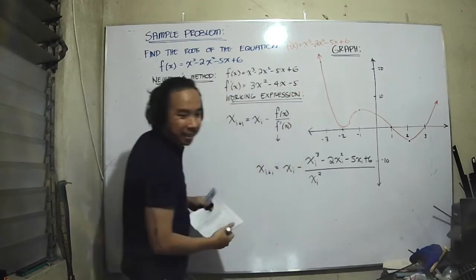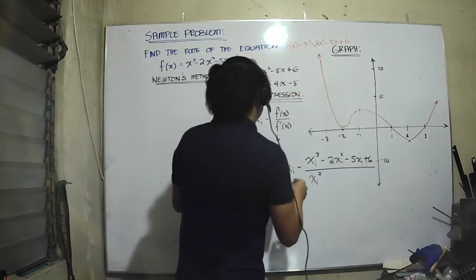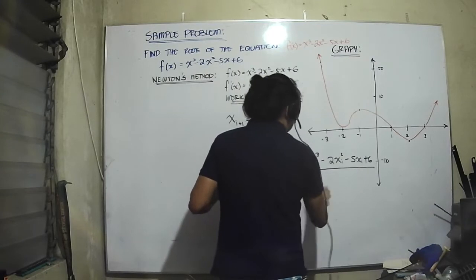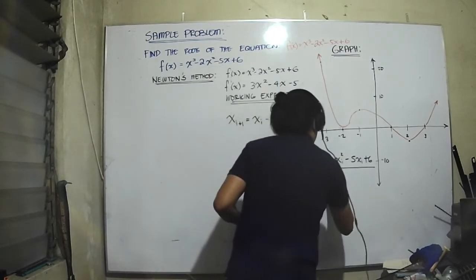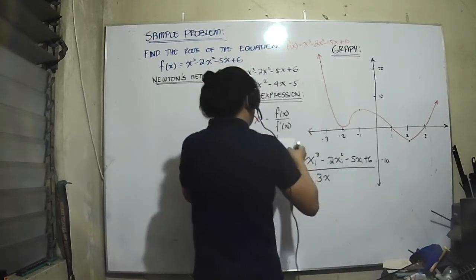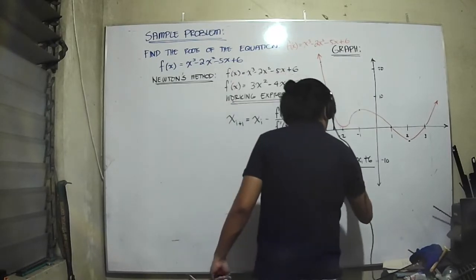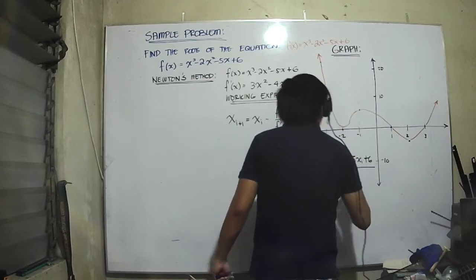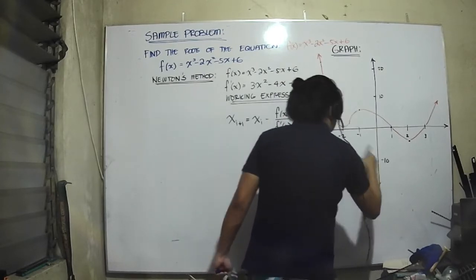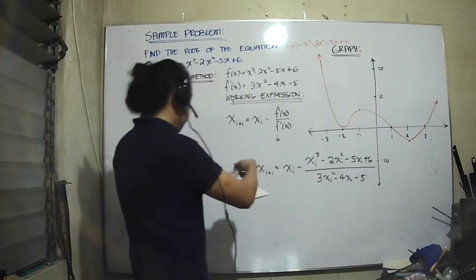Sorry, I did not notice that earlier. That should be equal to 3 x sub i squared minus 4 x sub i minus 5. This will be our working equation.